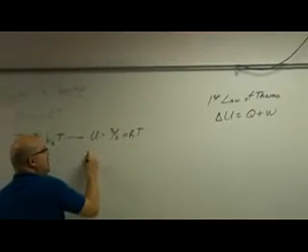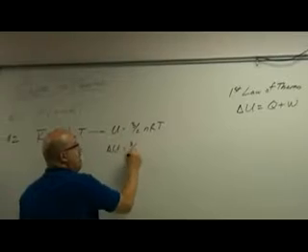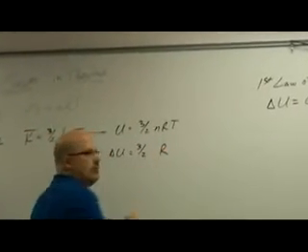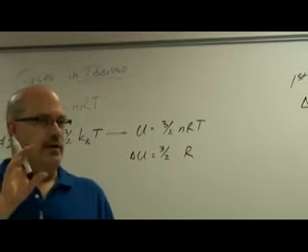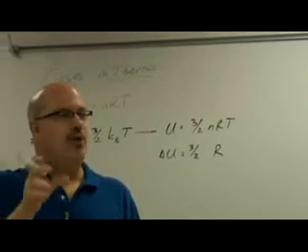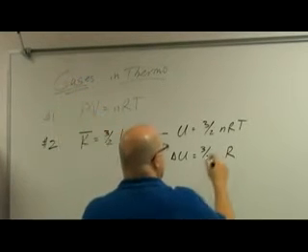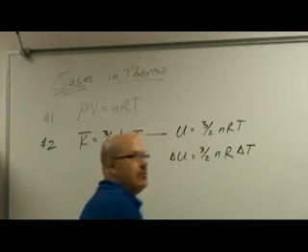I want to change this to delta U. Well, the 3/2 isn't going to change, and R is certainly not going to change, so that's a constant. If we assume we keep the same number of moles of the gas, then it'll be a change in temperature.